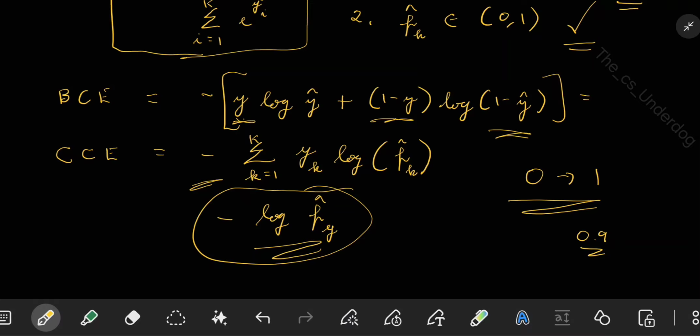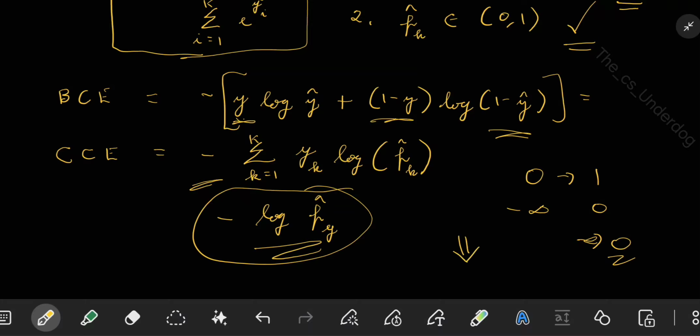Let us see what happens if you take log. Log of a value between 0 and 1 will be between minus infinity and 0, which means for this, the value of log will be close to 0. When the value of log is close to 0, my loss is lesser.